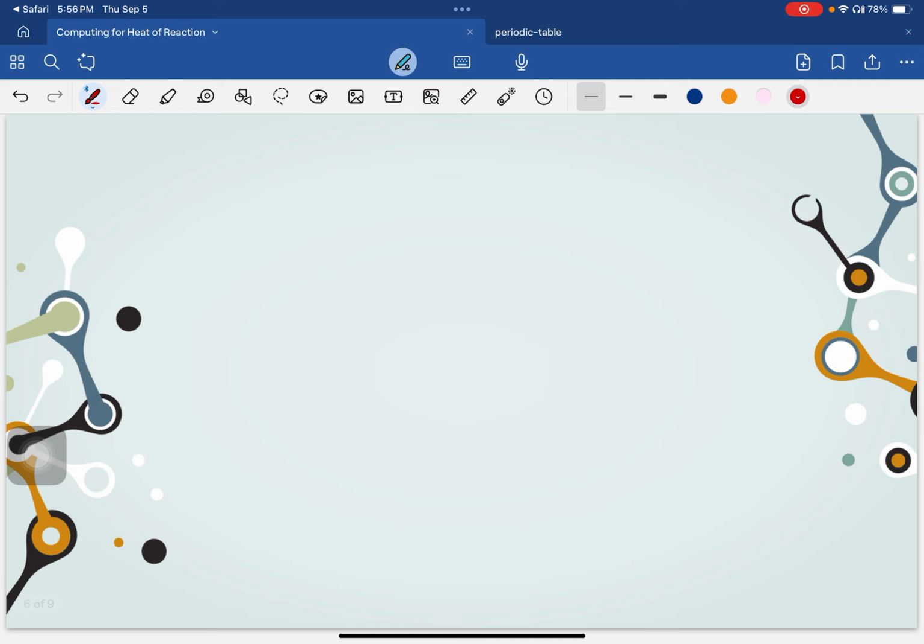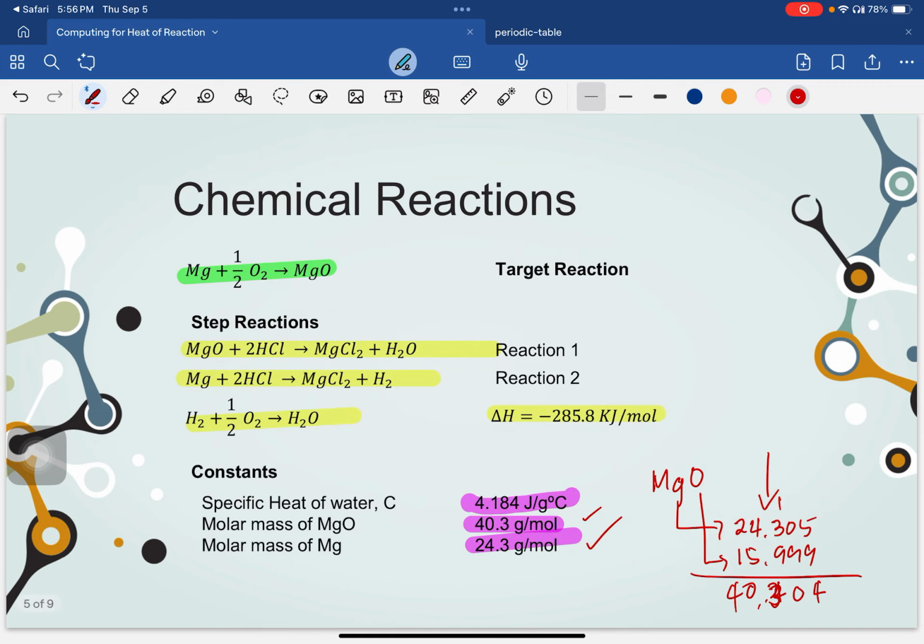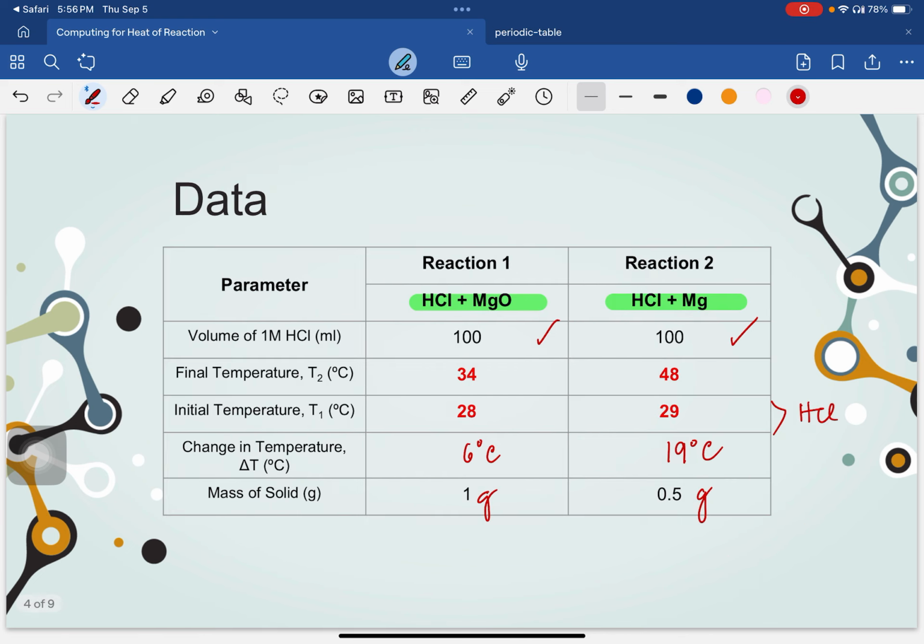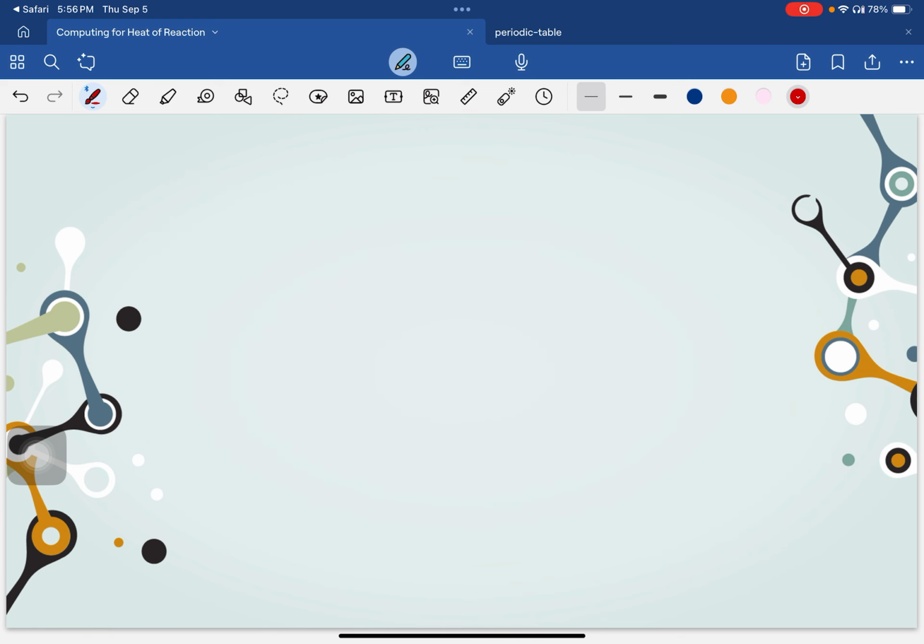So for Q1, or for reaction 1, which is, in our case, the magnesium oxide, we will be solving for heat, so that's Q equals mc delta T. The mass should be inclusive of the hydrochloric acid and, of course, the magnesium oxide powder.